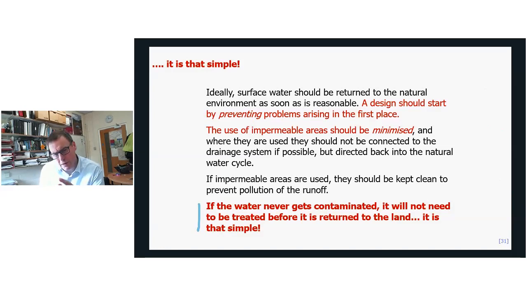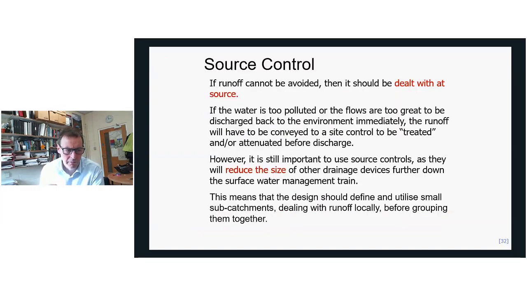And if you remember back to the previous slide, if you can improve your runoff quality at the start, it means you have to invest less in your treatment train to clean it up. This talks through the source controls, which I think I have already touched on.